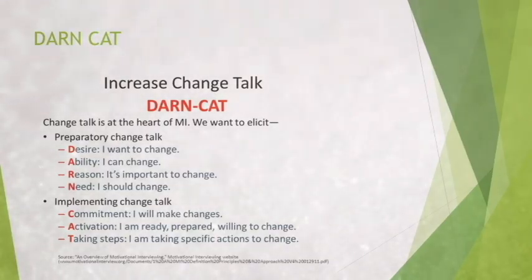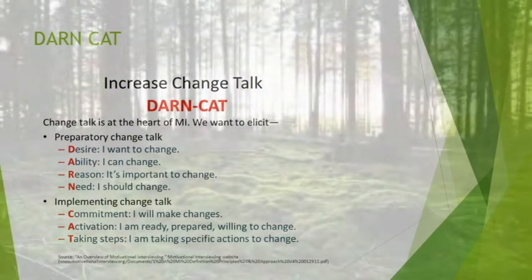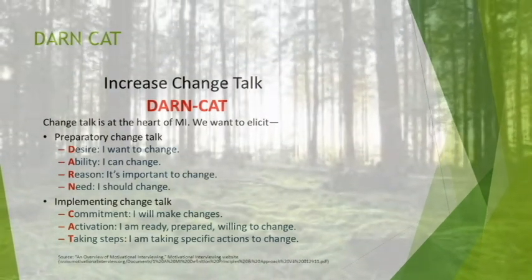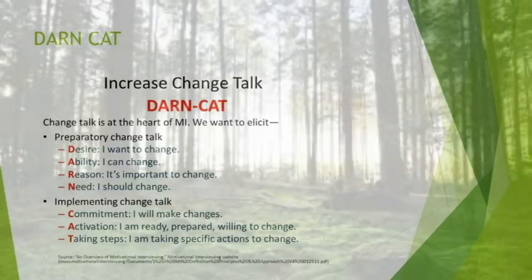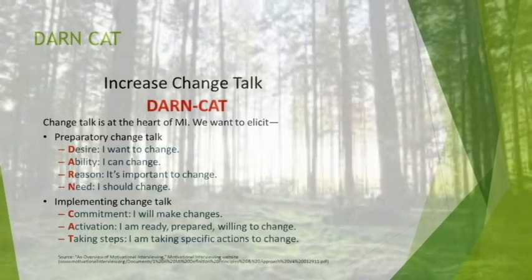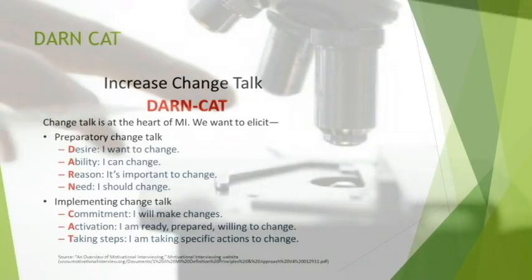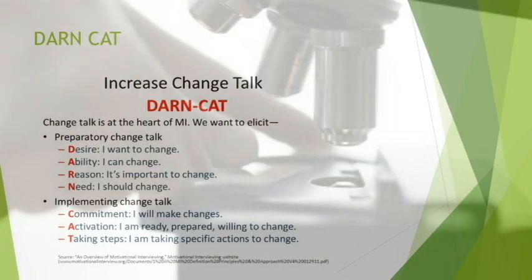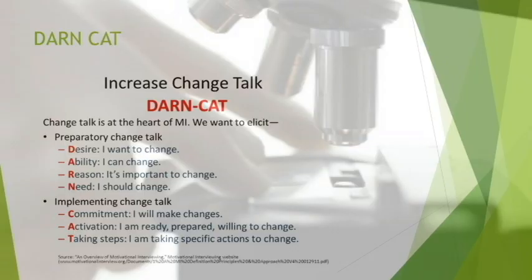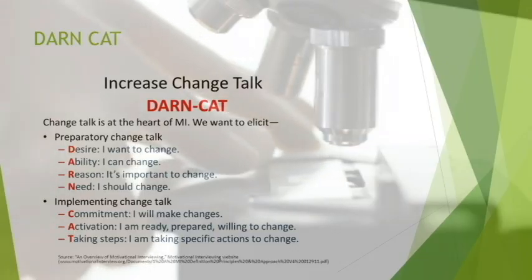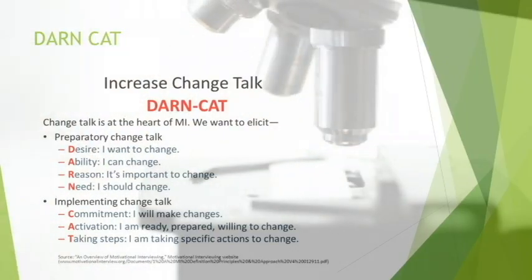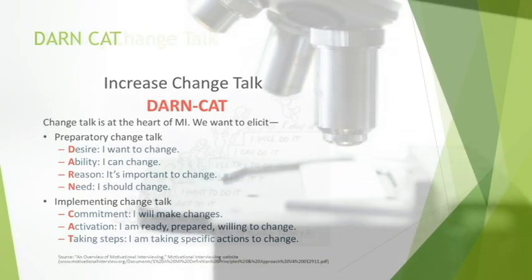So the darn cat represents all of those frames of that change process, of the change talk, the desire for change, the ability for change, the reason for change, the need for change. That's the darn. And then the cat is the commitment to the change, the activation towards the change, and taking steps towards that change.